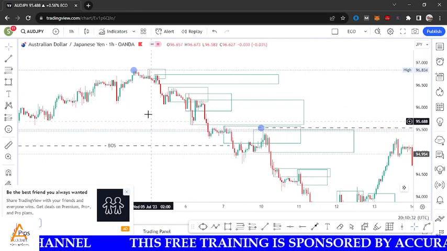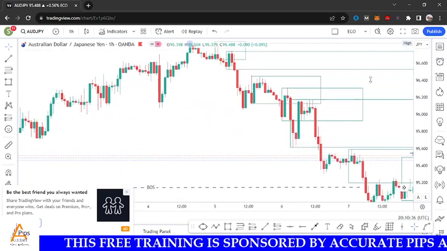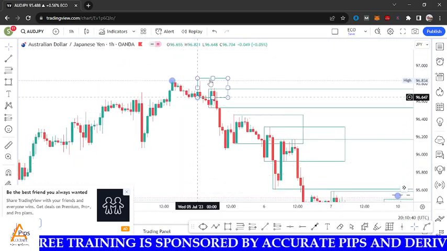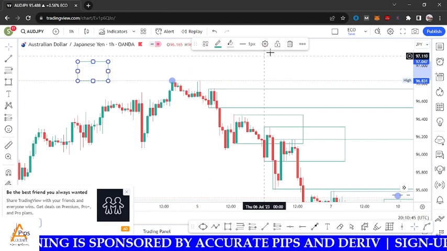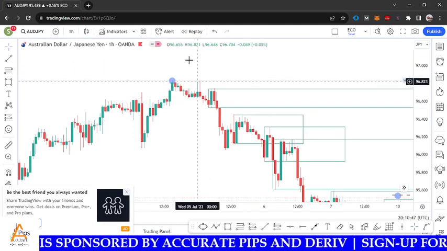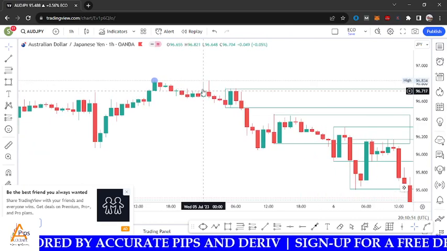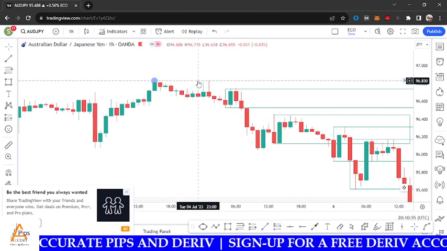So here, let's see. This is our order flow area. Yeah, as you can see, this red candle took the high. Don't know if you guys can see it well, so let me increase this.